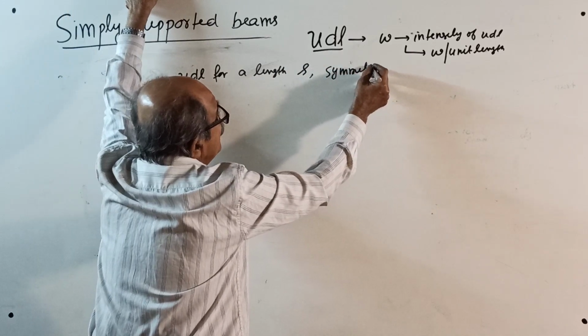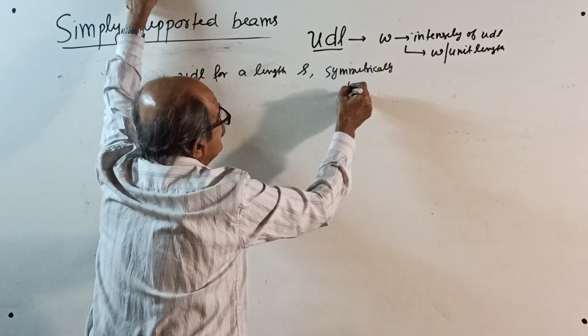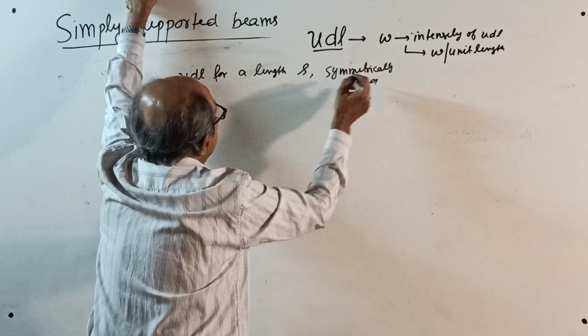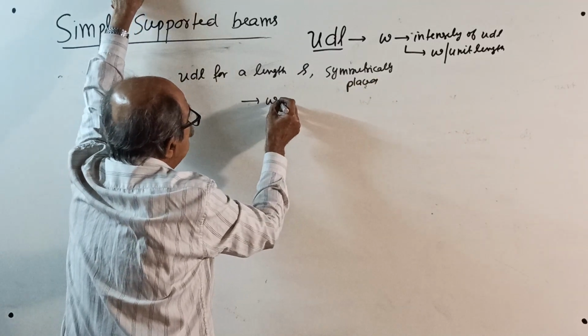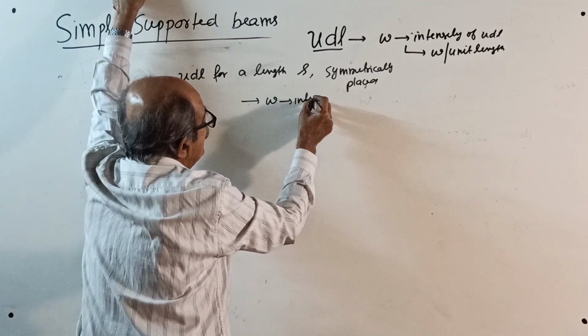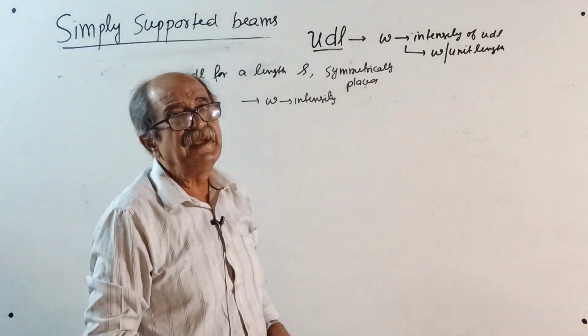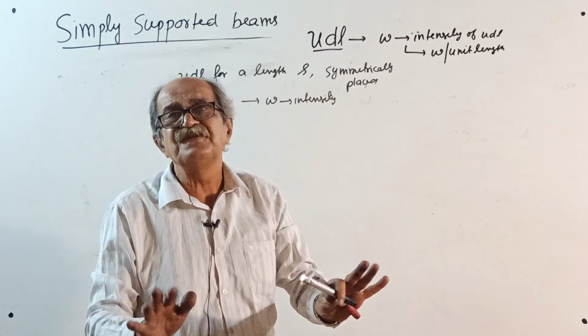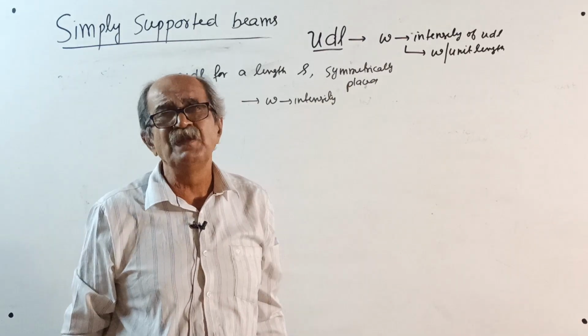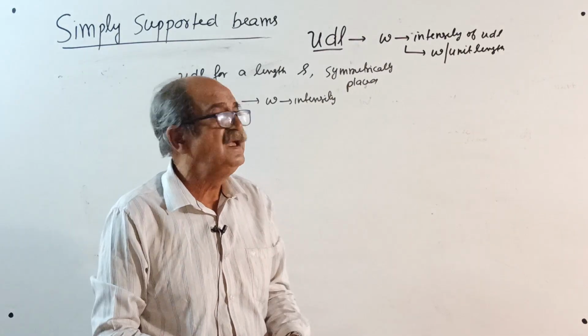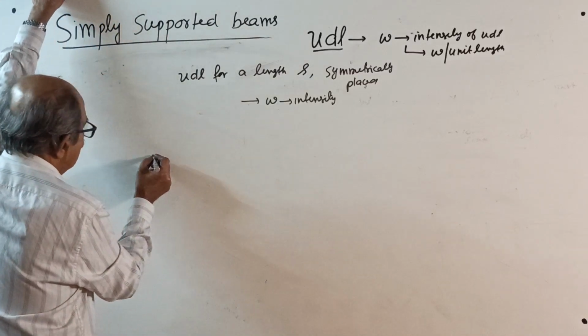Okay. With W as the intensity. Now, if it is not symmetrically placed, it is not a standard case. Then you have to do sigma M = 0, sigma V = 0. That all we have done earlier. Standard cases, see here.